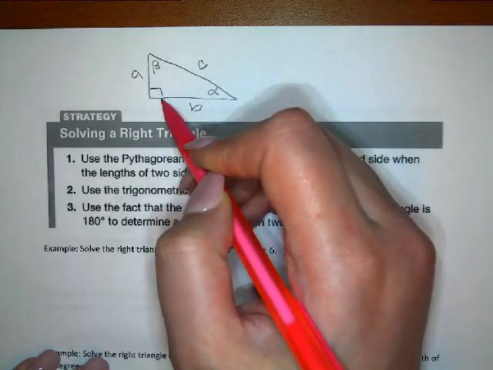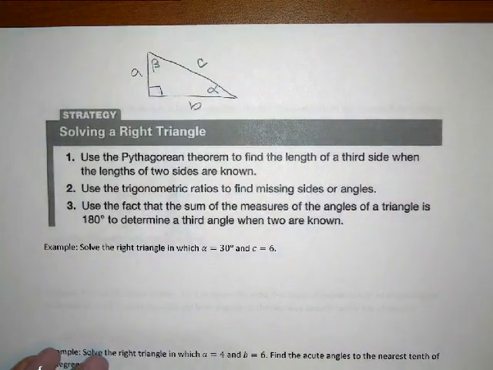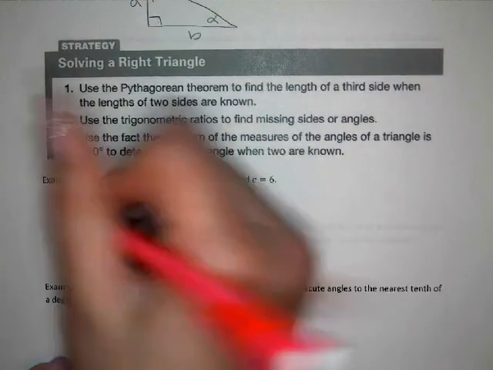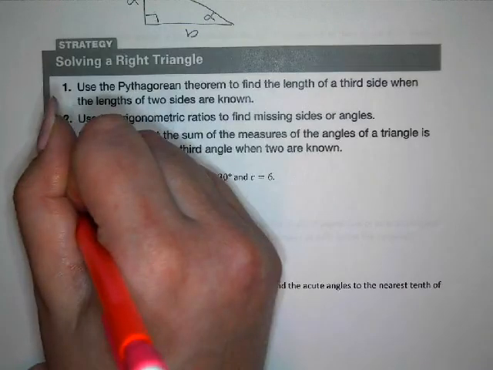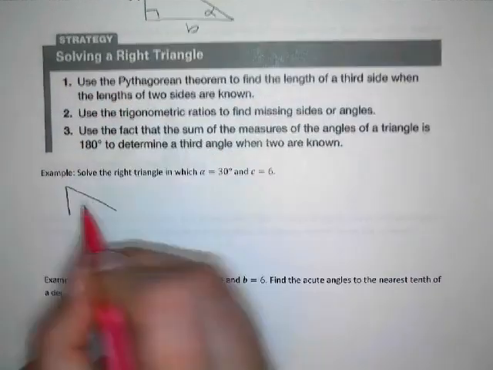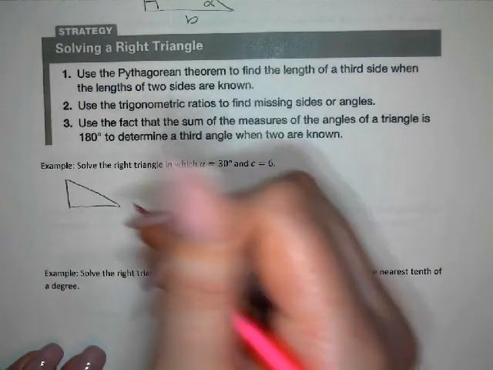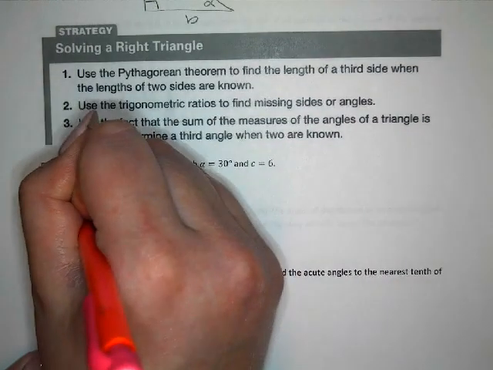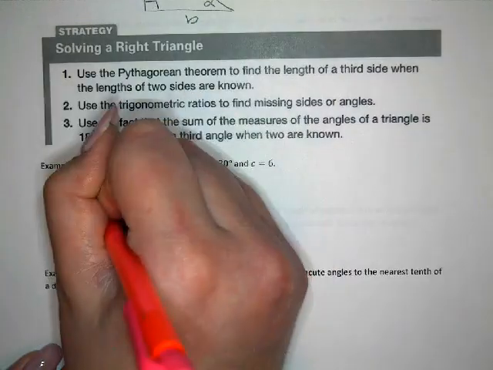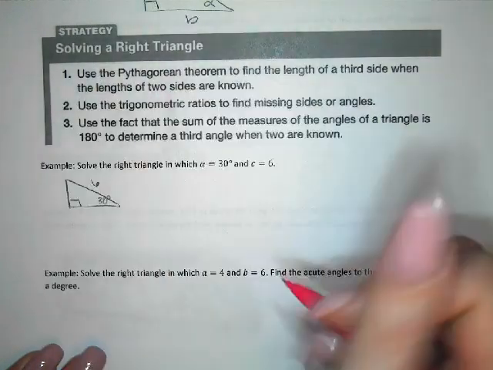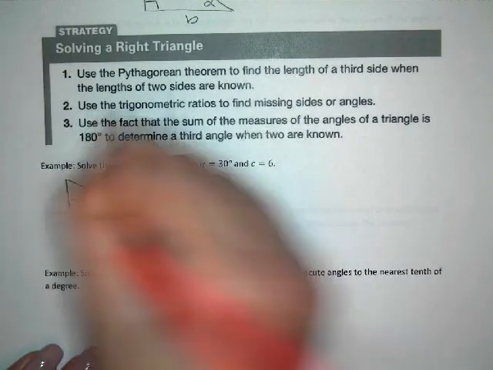Okay, so here they asked us to solve the right triangle in which angle alpha is 30 degrees and the hypotenuse, or side C, is a length of 6. And if they want us to solve the triangle, that means that they want us to find all the missing angles and the missing sides. So I'm going to go ahead and finish these labels here.